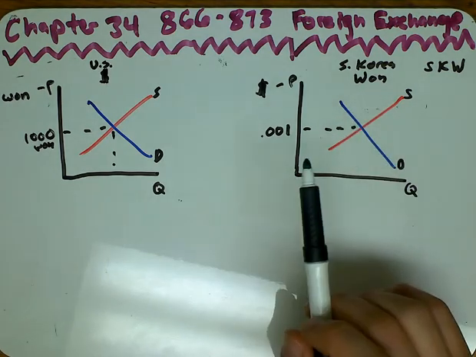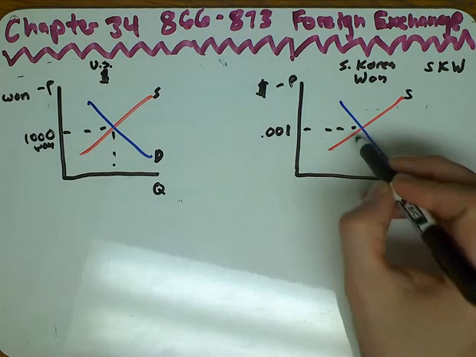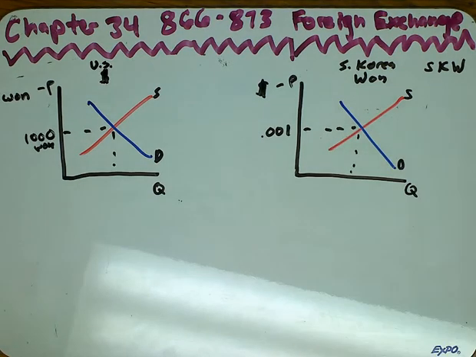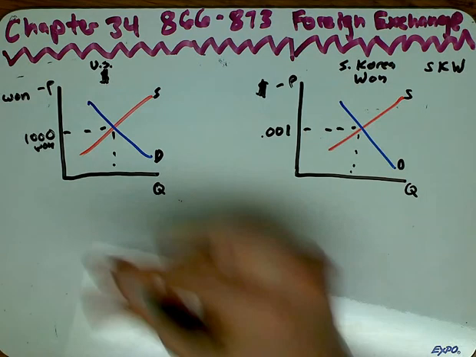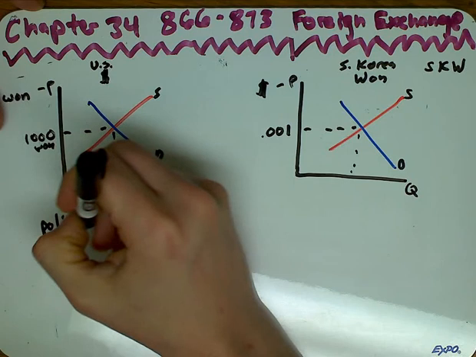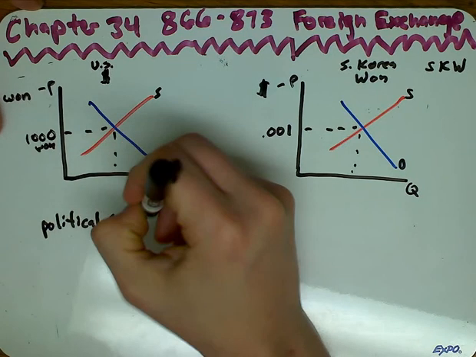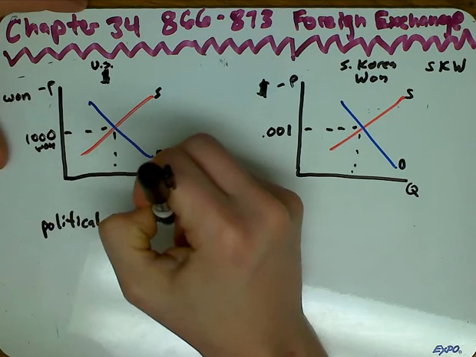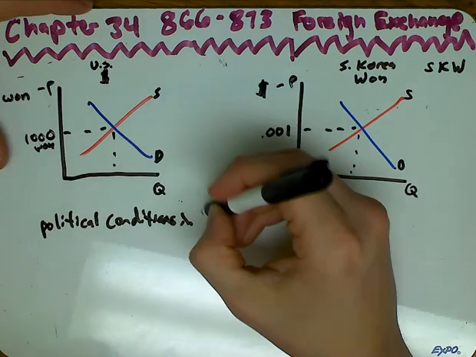But what we want to look at here is how or when or what happens when we change this graph. Let's say that something happens. Well, let's say that political conditions in South Korea deteriorate.